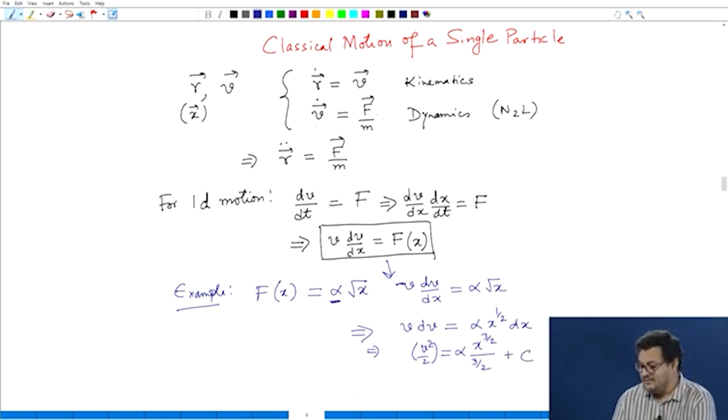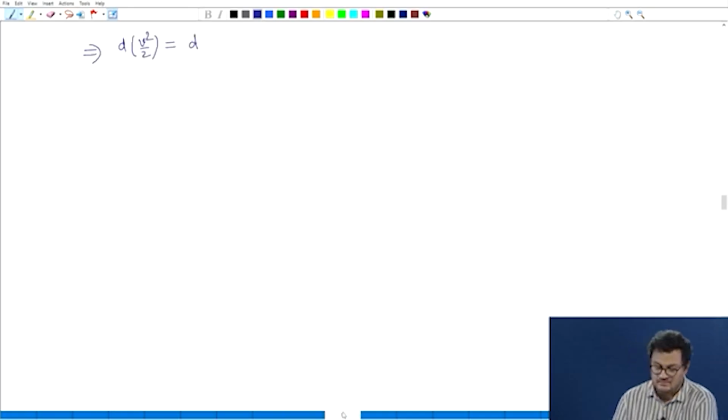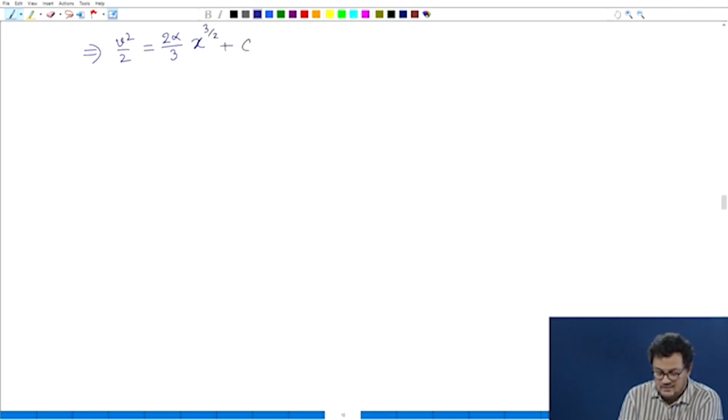Okay. And then once this is appearing, in the second step you have v square over 2 is equal to 2 alpha over 3 x to the 3 by 2 plus some c.